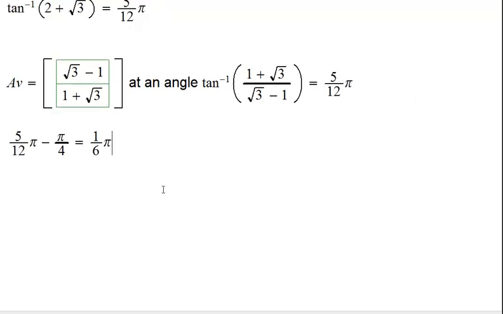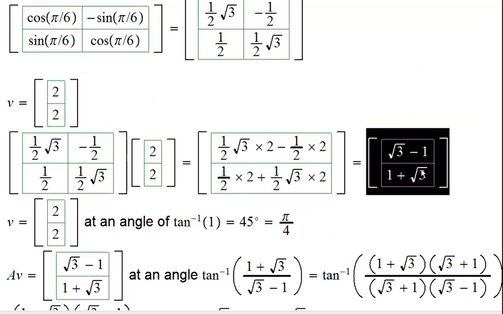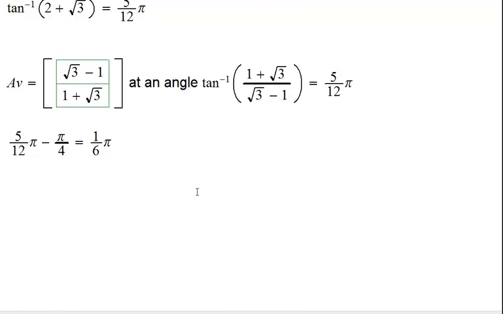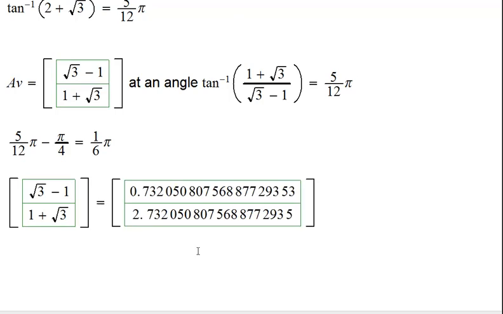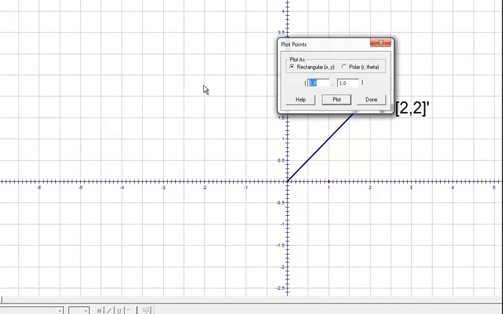Or we could have taken this vector in our sketch pad and measured the angle there, and of course there we have to put decimal approximations. So this is 0.73, this is 2.73. Let me go there and ask it to plot these points and make a vector for us.